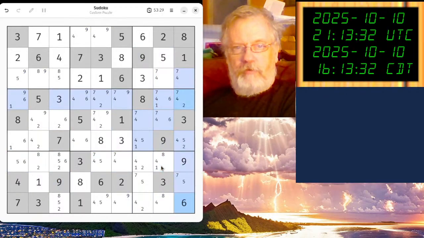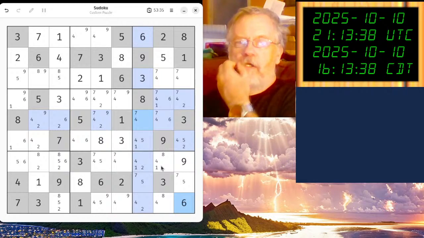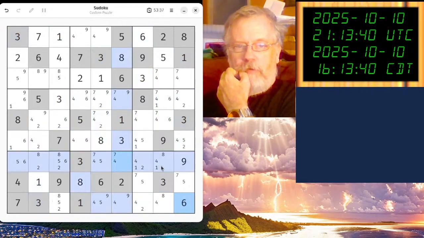Got a 7-4, 7-4 pair up here with an odd 7-4 down here, and another one here. Like I said earlier, there are a bunch of 7/4s out here that kind of throw me at times.